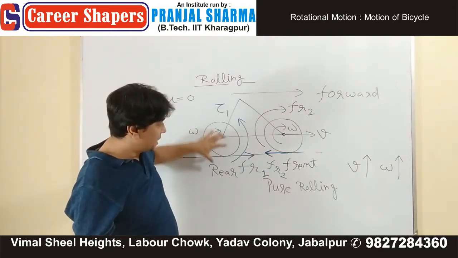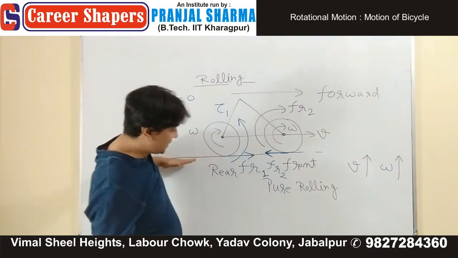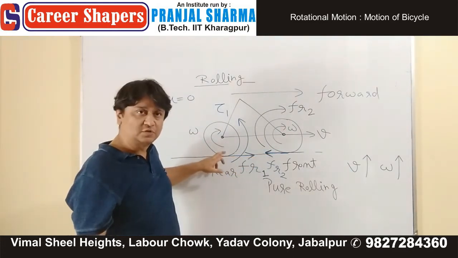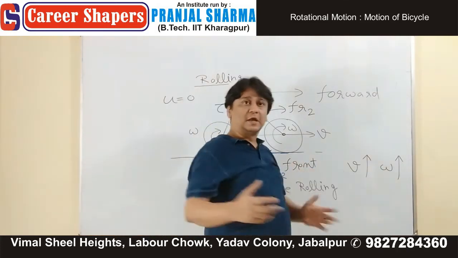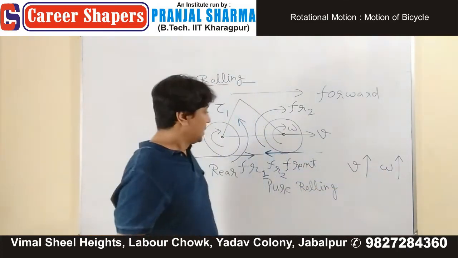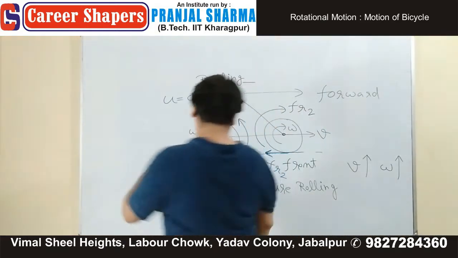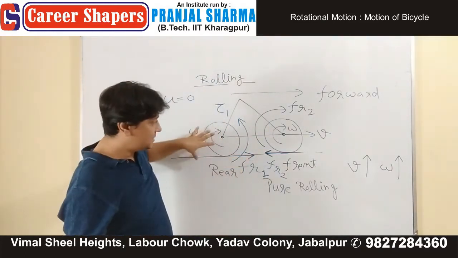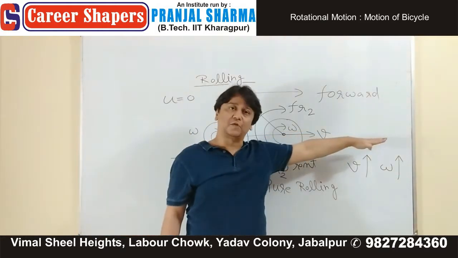Now when you place this wheel on the ground, immediately FR1 acts in the forward direction. Because of this FR1, you feel a force in the forward direction, and the moment this force is present, it acts on the bicycle, and it starts moving in the forward direction.